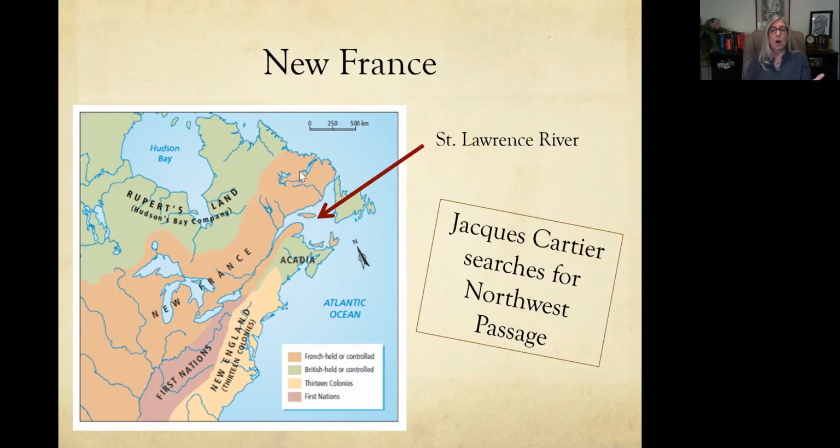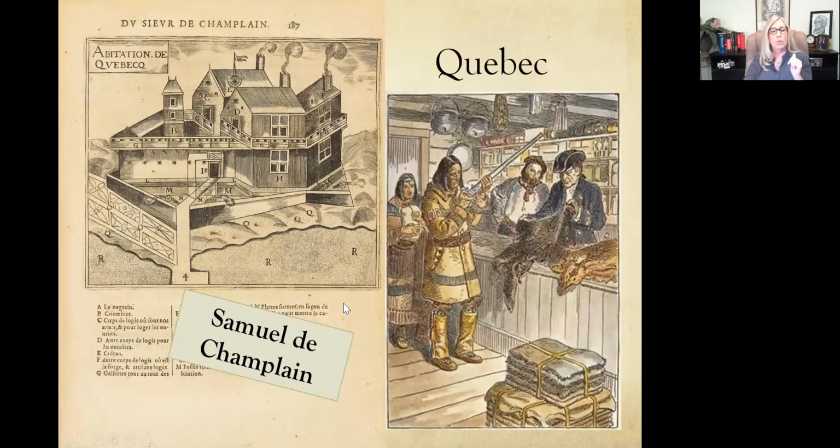Right? So the French are going to claim it, that this is their land, this wide open body of water here, but they're not really going to do much with it until we get to 1608, with Samuel de Champlain, because as some of these other French explorers have come into the region, they start to interact more with the native groups.